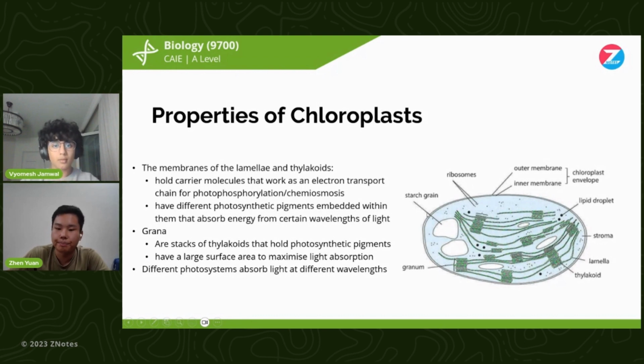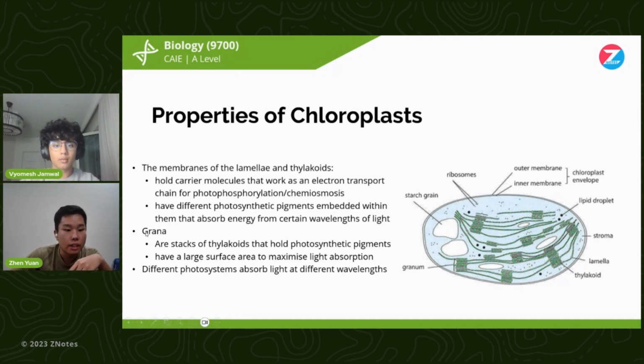The lamellae also have different photosynthetic pigments embedded within them that absorb energy from certain wavelengths of light. Let's take a little look at how the lamellae and the thylakoids actually look. As you can see here, labeled is your thylakoid and your lamella. The lamella is essentially a membrane structure inside your chloroplast, and your thylakoids stack together to form something called your grana.